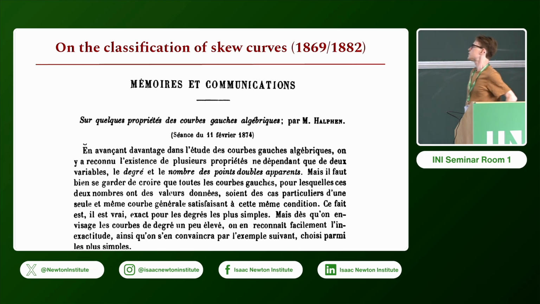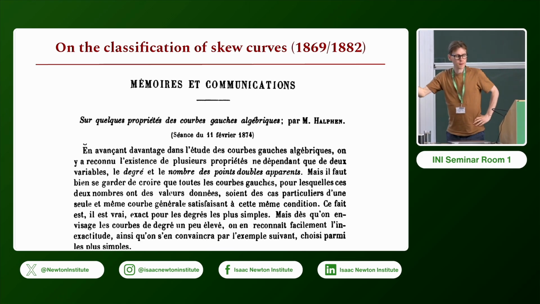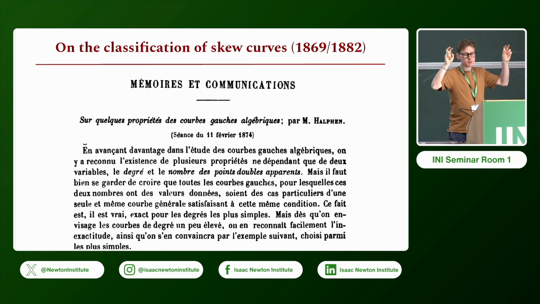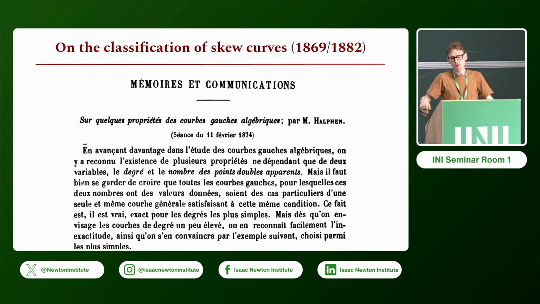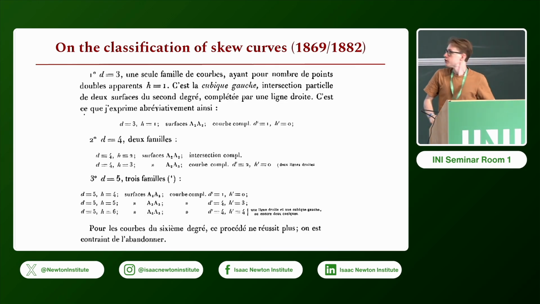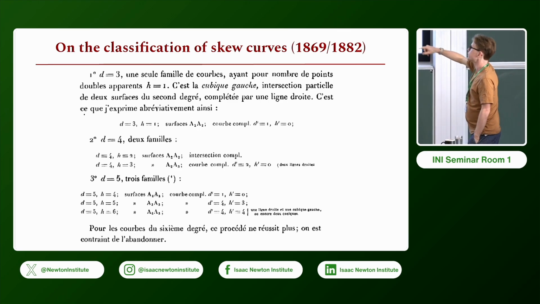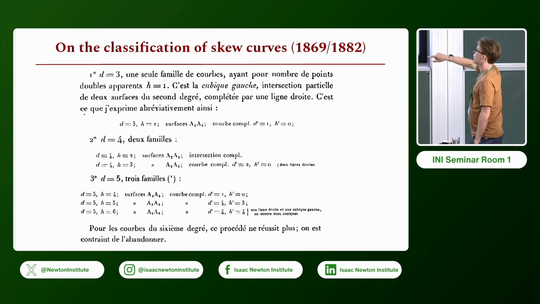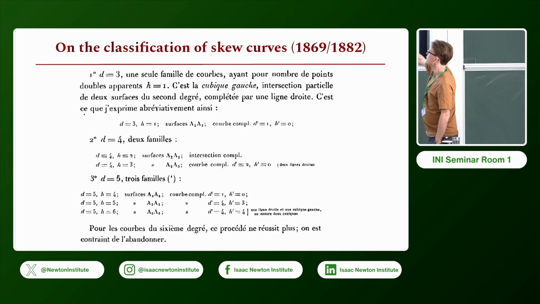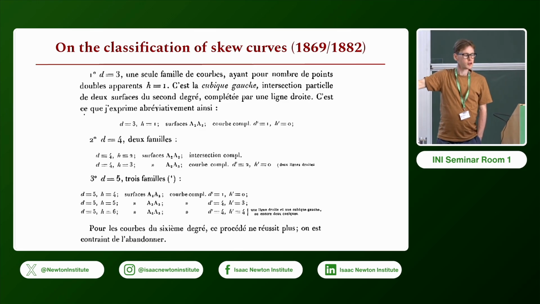So there was this idea that by considering this additional characteristic property, then we might solve the problem. And so if you look here, for instance, in the case of d equals 4 or d equals 5, we can have a full classification just by distinguishing between certain values for this number h, which is the number of apparent double points.